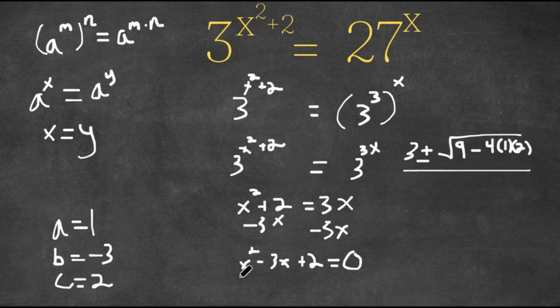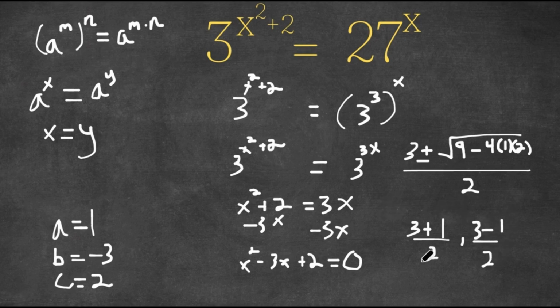And we are dividing this by 2 times 1, which is simply 2. Now, 9 minus 4 times 2 is 8, so we have 3 plus the square root of 1, which is simply 1, over 2. And we also have 3 minus 1 over 2.